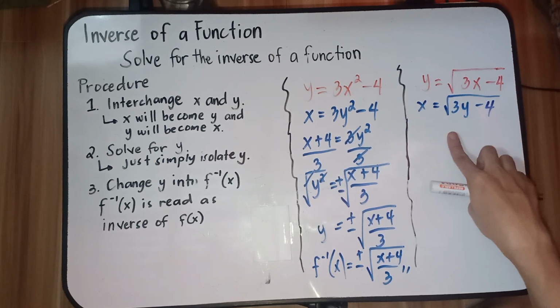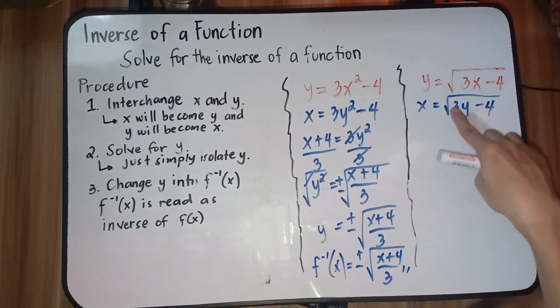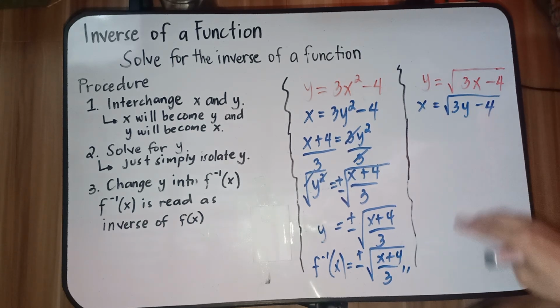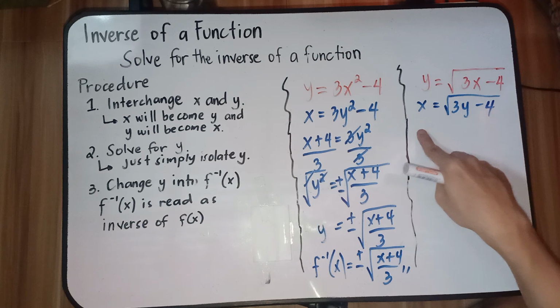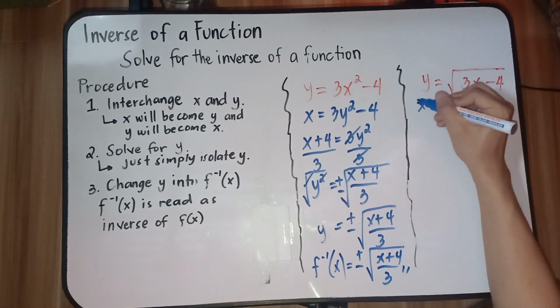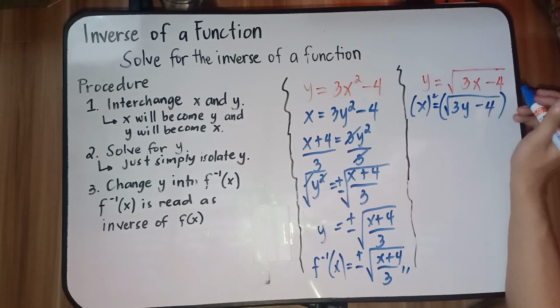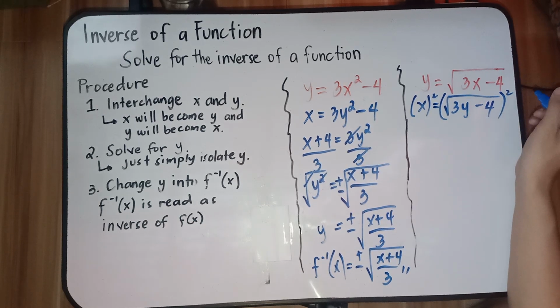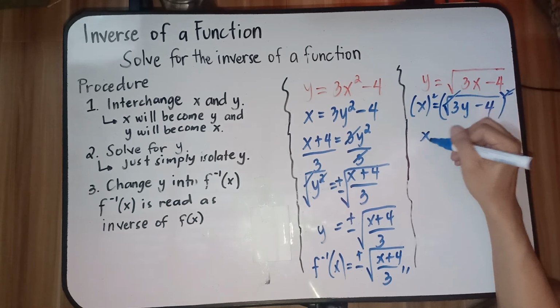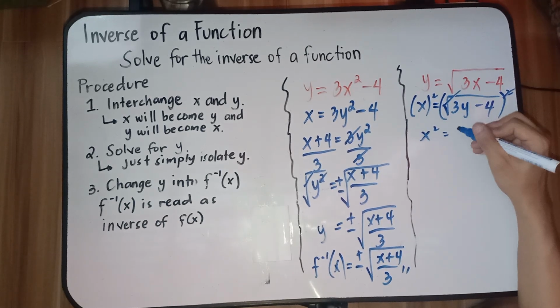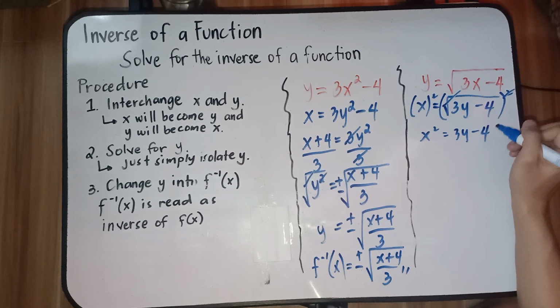So we need to cancel the square root. To do that, we can raise both sides to 2. So x raised to 2, and square root of 3y minus 4 raised to 2. So cancel square root, cancel squared, x squared is equal to 3y minus 4.